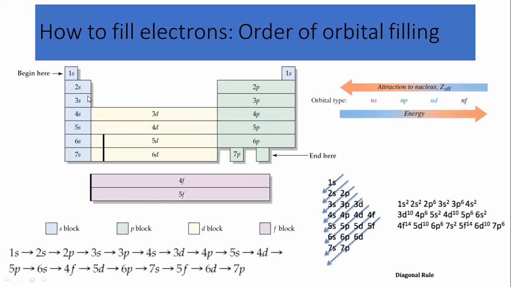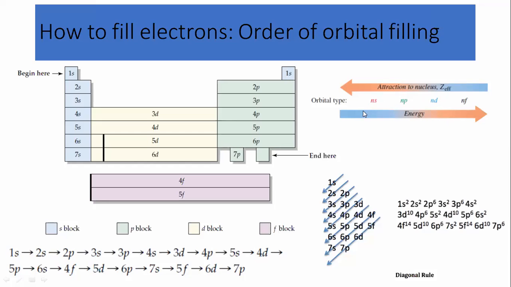So there are four blocks. This is the S block, this is the P, this is the D block, and this is the F block. If one electron is there, which orbital is going to be filled first? The common understanding is that the electron goes to the orbital having the lowest energy.